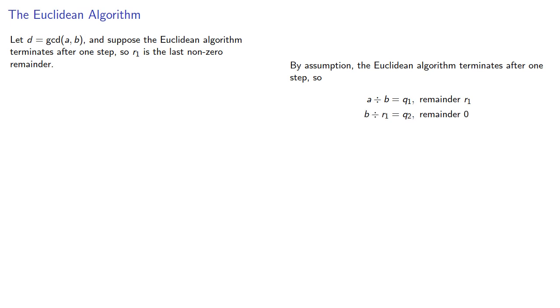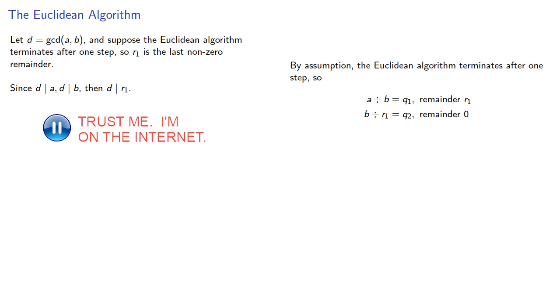And then in our next step, when we divide by R1, we get a remainder of 0. Now, since D divides A and D divides B, then D must also divide R1. So D must be less than or equal to R1.